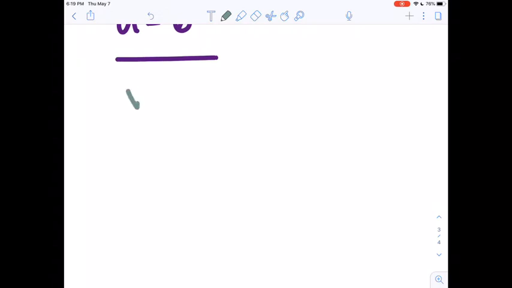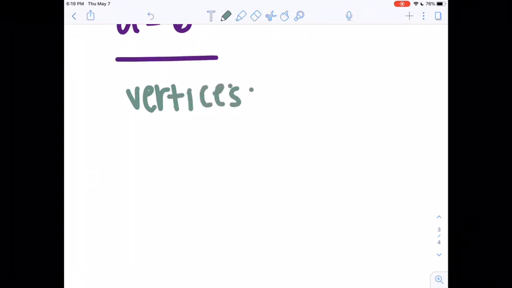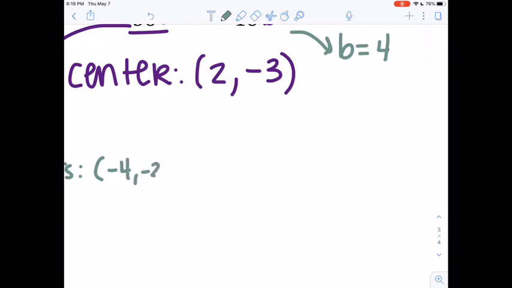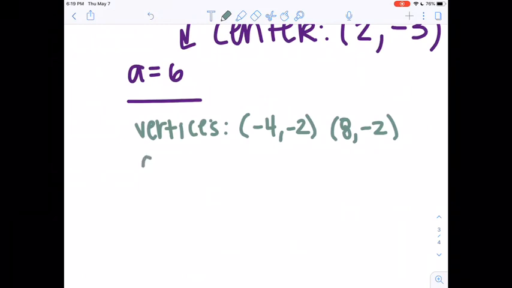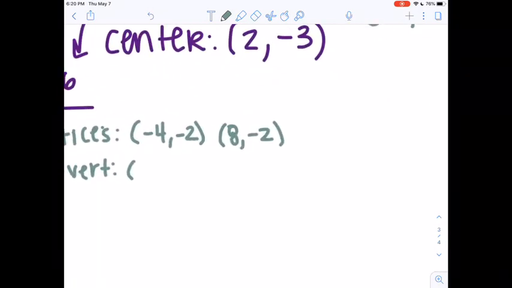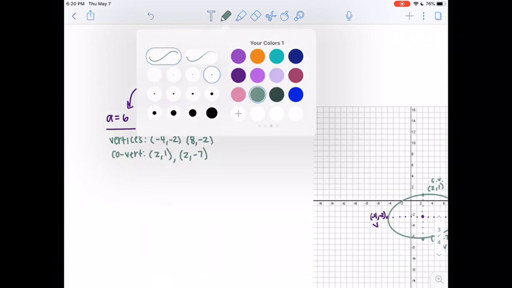We have our center, our major vertices we labeled as -4, -2 and 8, -2. My co-vertices, 2, 1 and 2, -7.